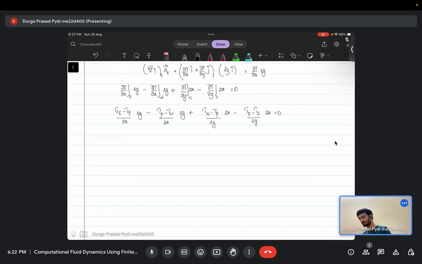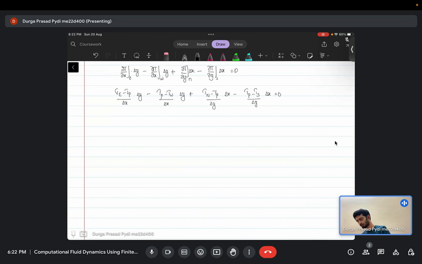So now again in a similar way we group the terms together. For the east I have a term delta y over delta x. For the west I have delta y over delta x. And for the north I have delta x over delta y, and for the south I have delta x over delta y, and I take TP to the other side.